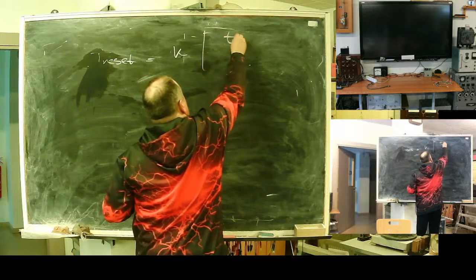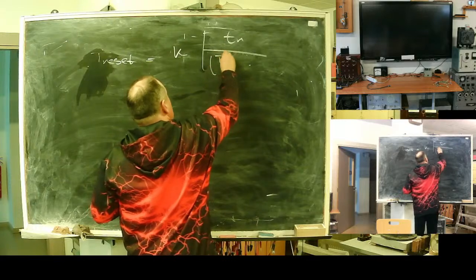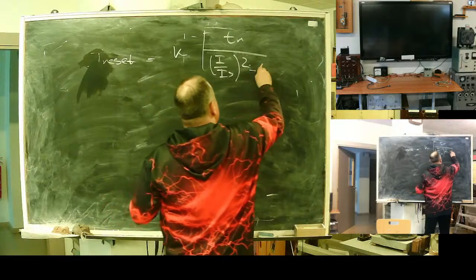Multiplied by the reset time characteristic, TR over 1 minus I squared.